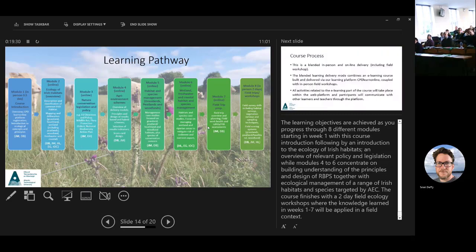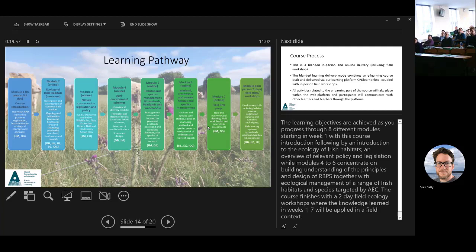So in terms of the learning pathways, we're going to go through, each week is divided into a module. This week is your introduction. Week 2 will concentrate a lot on the background of the ecology of Irish habitats, an overview of this. Week 3 will deal a bit with the nature conservation legislation and policy. Then we'll go into more detail on the agri-environmental scheme design, the different tools that can be used, the details of the scoring system itself.